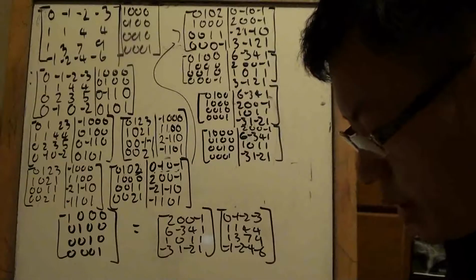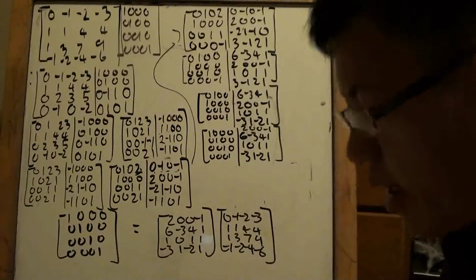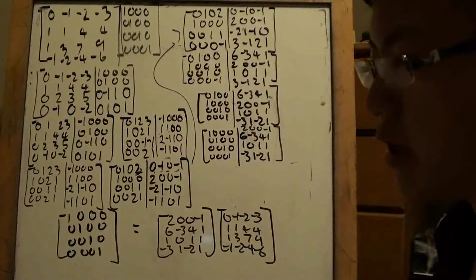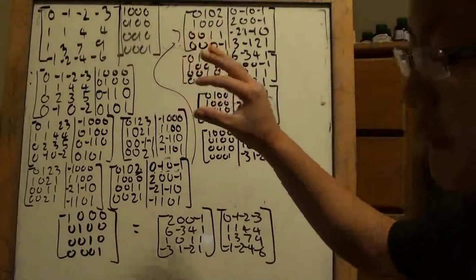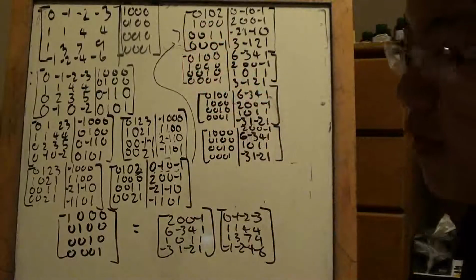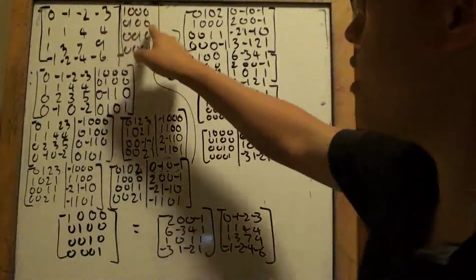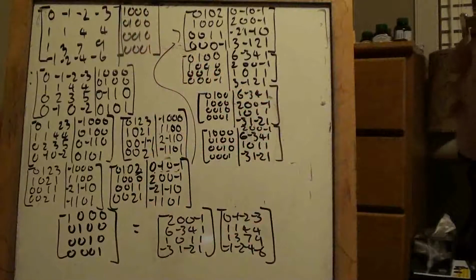Because this is a 5 by 5 matrix, if you take the last constants out, which is the 5th column, then we have 4 by 4. Then I put the identity matrix here so that we can go through the good old-fashioned inverse algorithm.